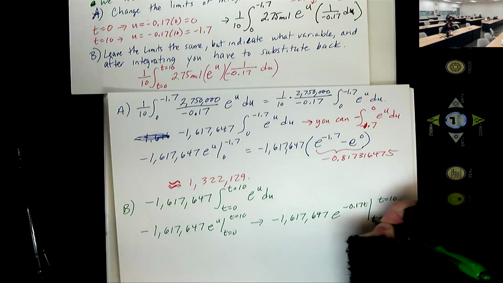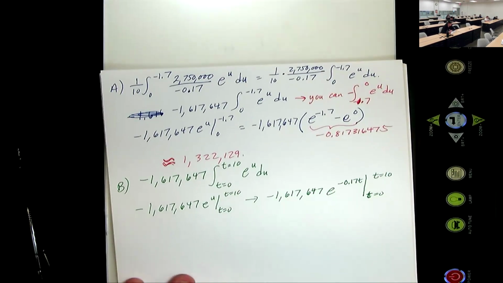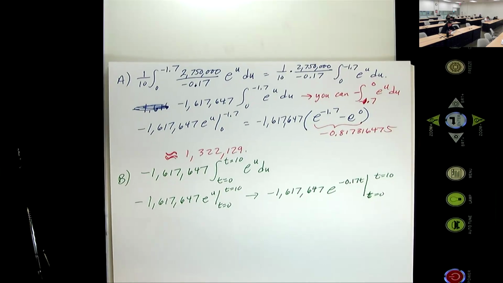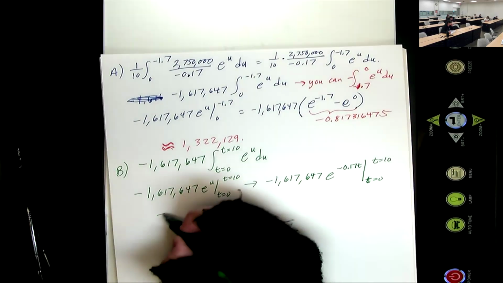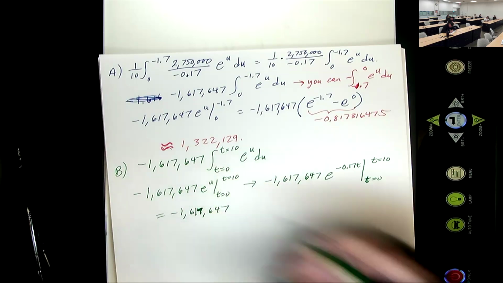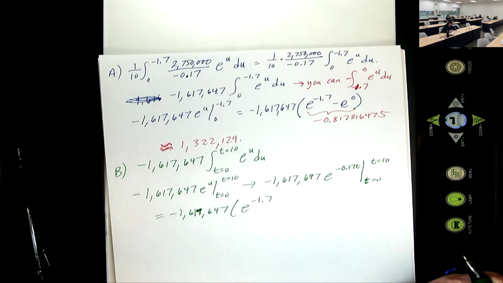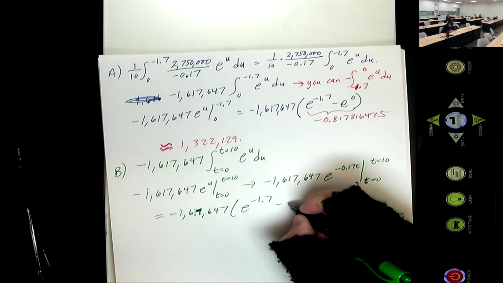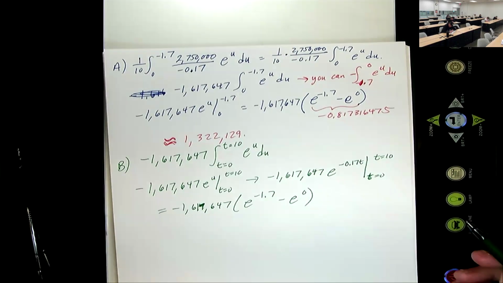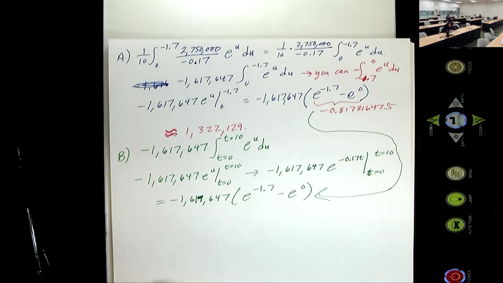Now that they're both t's, I don't really need to say the t anymore, but I did. If you do this, we have e to the negative 1.7 minus e to the 0 again, which is what we had up there. So we're going to get the same answer.